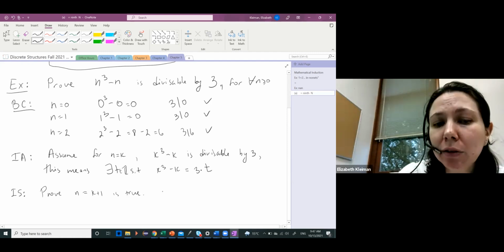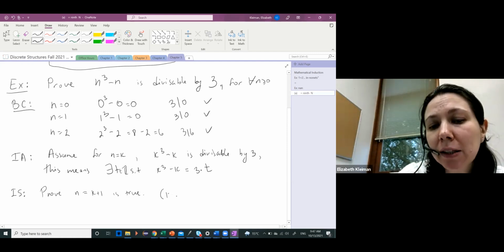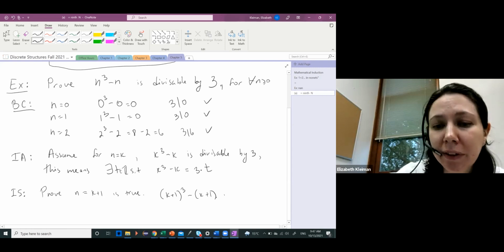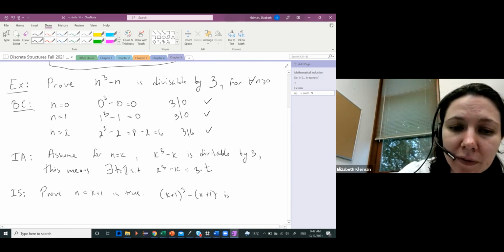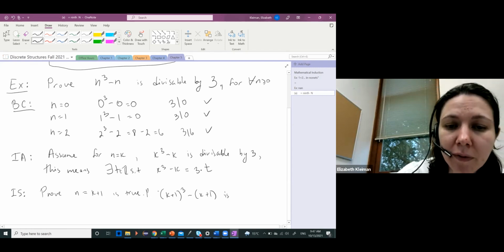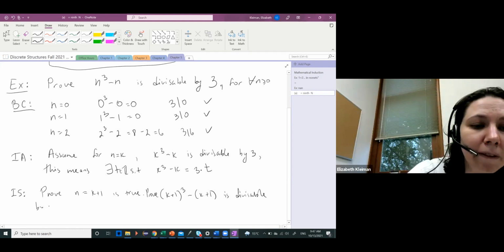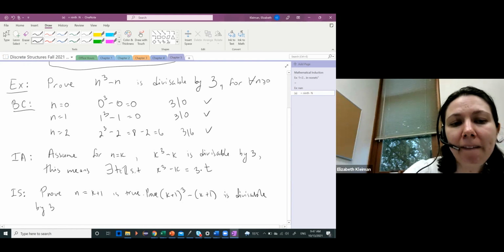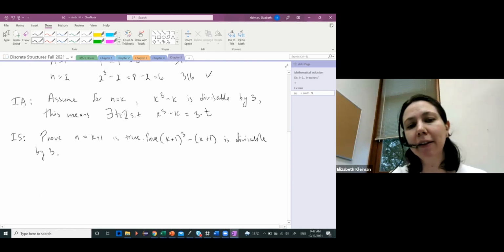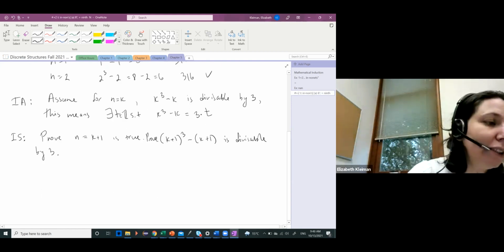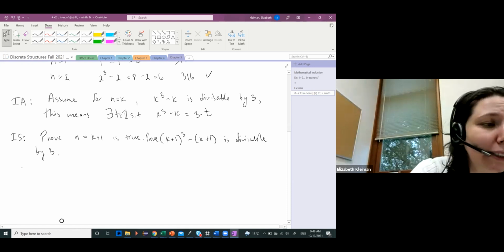It means I want to prove (k plus 1) cubed minus (k plus 1) is divisible by 3. Okay, how can we do it? Well, you're not going to like it, but we're going to open up the parentheses.